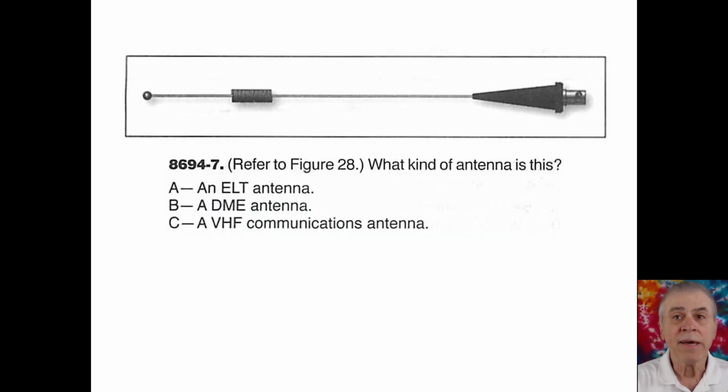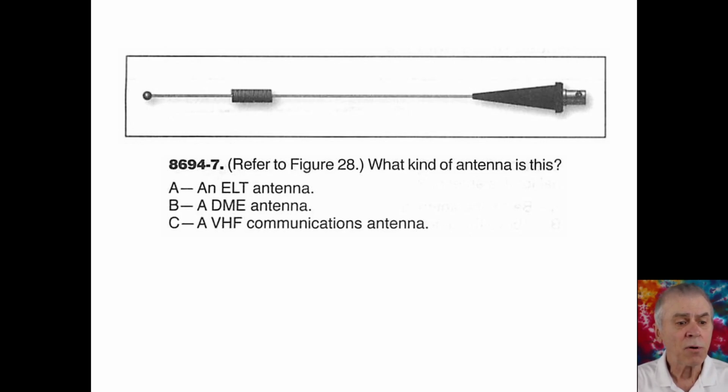And what type of antenna is this? Finally, it looks like the radar beacon transponder. Of course, they're not showing us that. The ELT, transmitter, emergency locator. Yes, that's going to be it. Is it a DME?